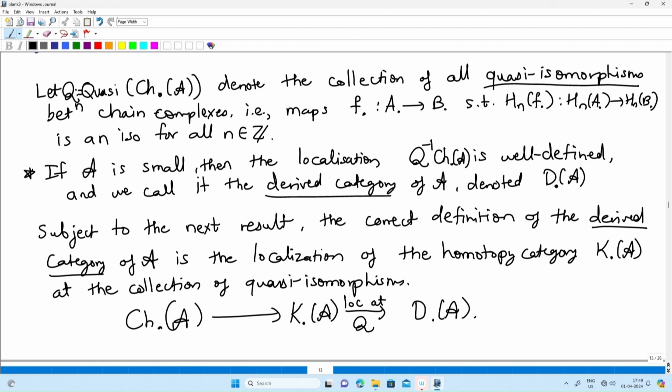And this process works for any A, irrespective of whether A is small or large.